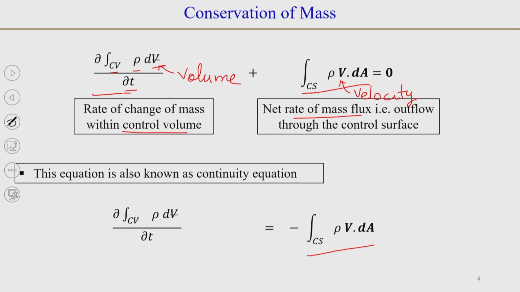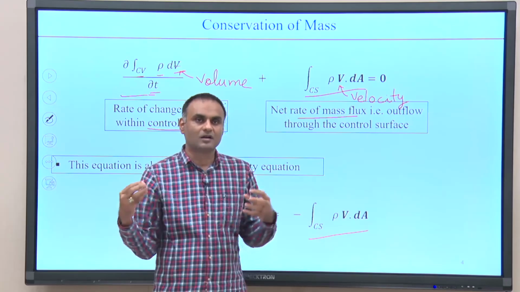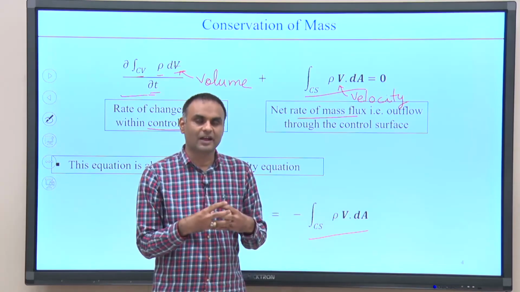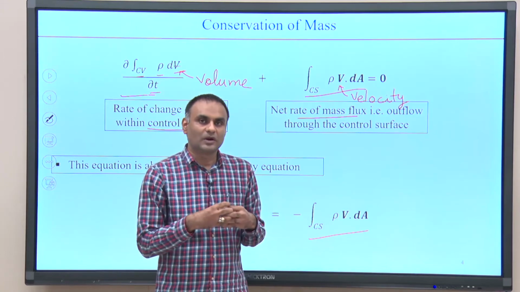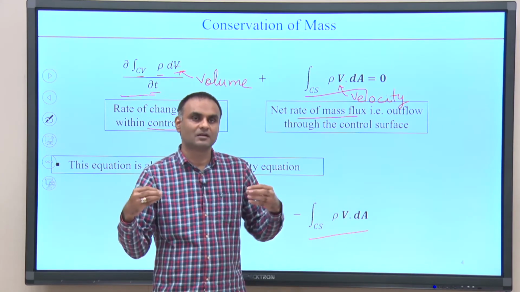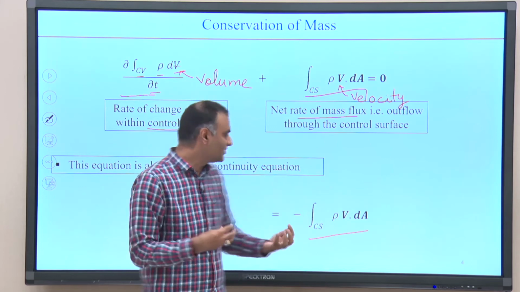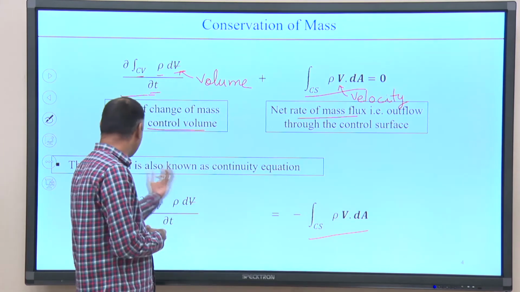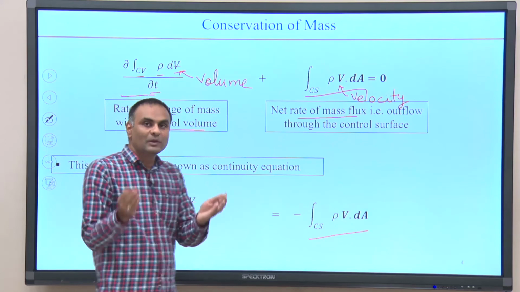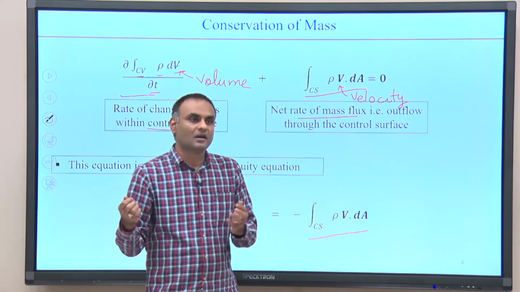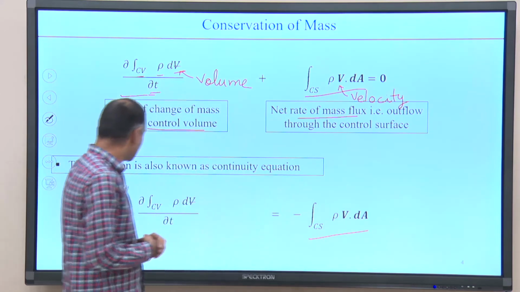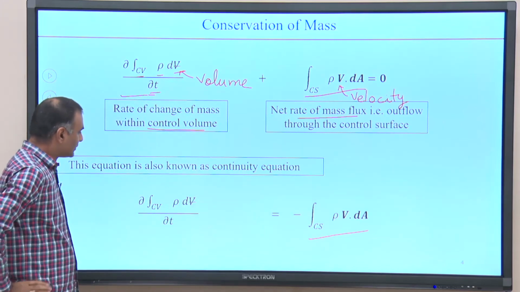That is pretty obvious when you think of a box. The mass that will be present at any time will be equal to the mass coming in minus the mass going out if there is no accumulation. If there is an accumulation, then the accumulation is equal to the mass coming in minus the mass going out.